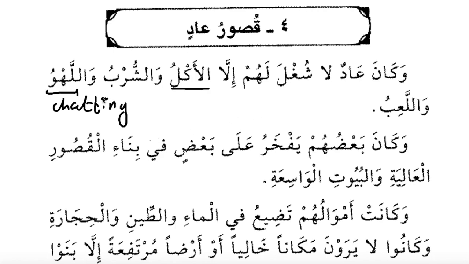So that's lahu. Well, la'ib comes directly from the verb la'iba, which means to play. So all Aad would do is eat and drink and chat away and play. They weren't doing any shughul, any work. The word shughul just means work generally, like amal. When people work hard and go to work, it's their shughul.